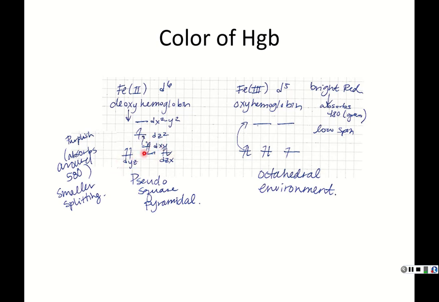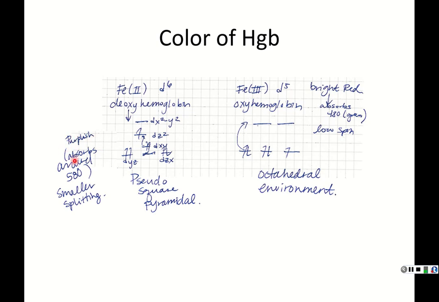So if we fill this in with 6 electrons, we'd have these 3 orbitals filled. Then when it absorbs light, it's going from this energy state to the next highest one. So it's absorbing a pretty low energy, 580 nanometers. So it has fairly small splitting, and that's what gives you that purplish or bluish color.